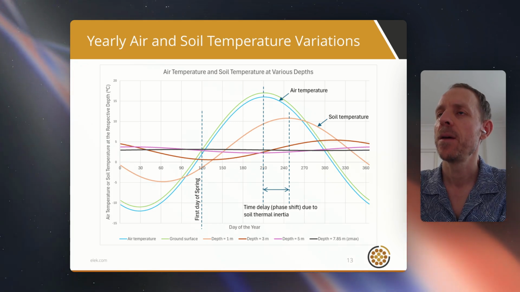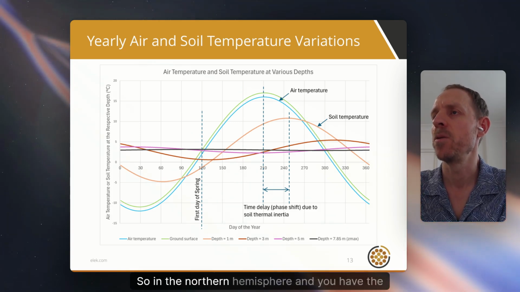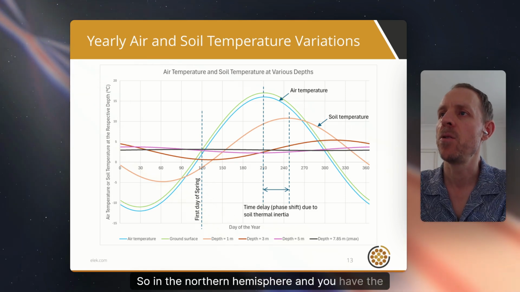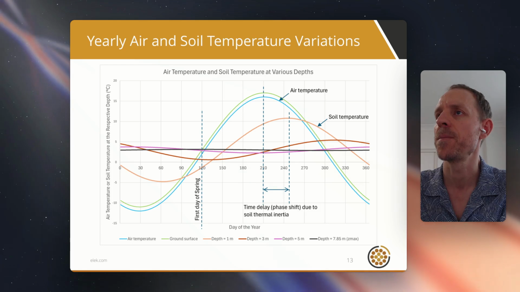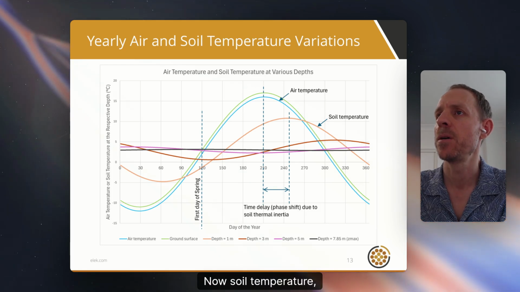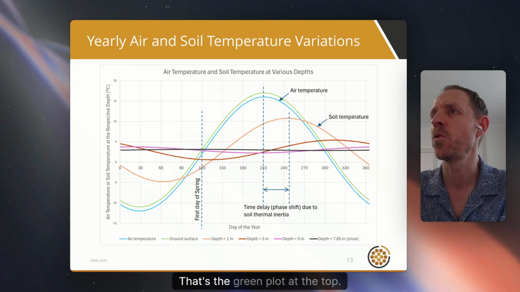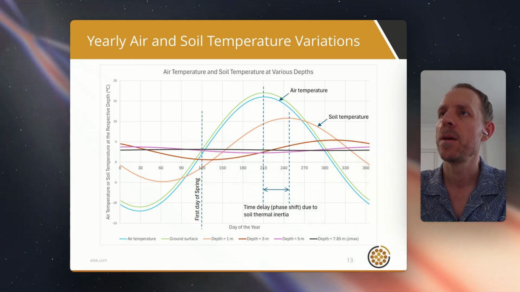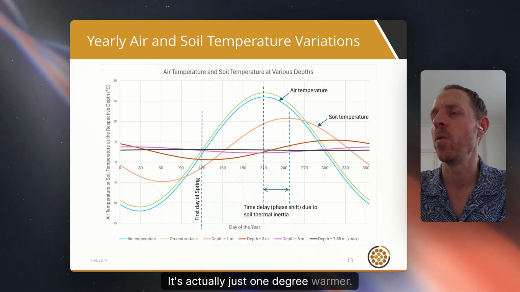This is where you have summer during the middle of the year, and you have the colder times of the year at the start and the end. Now, the ground surface temperature closely follows air temperature. That's the green plot at the top. You can see that it closely matches. It's actually just 1 degree warmer.